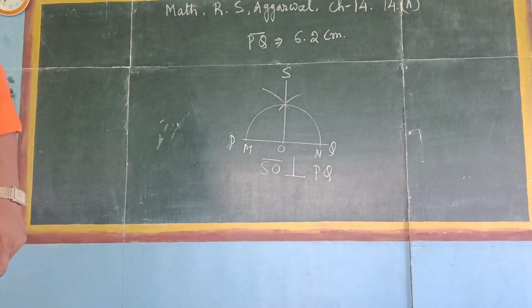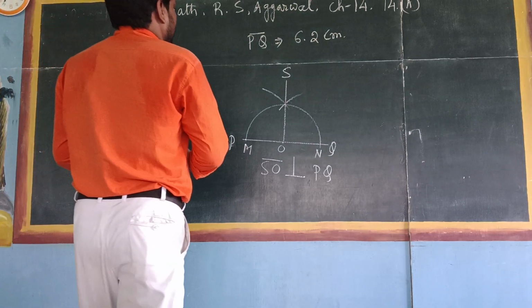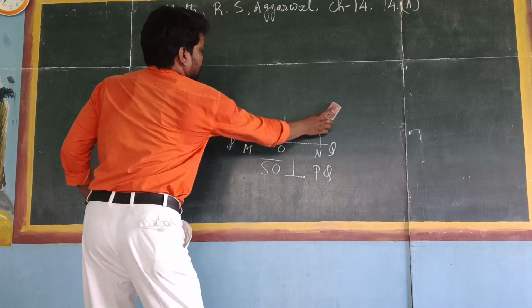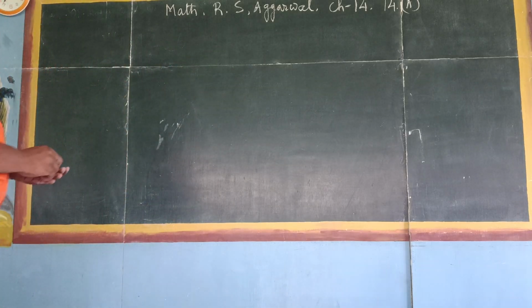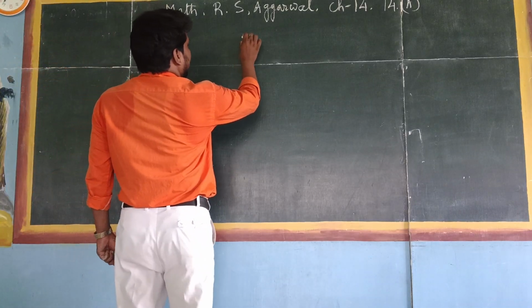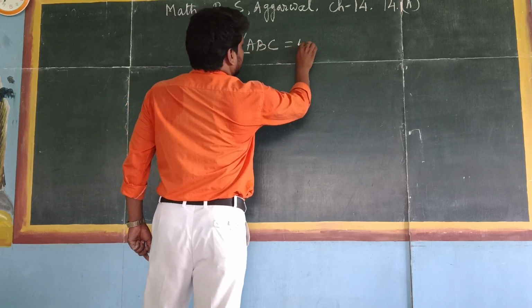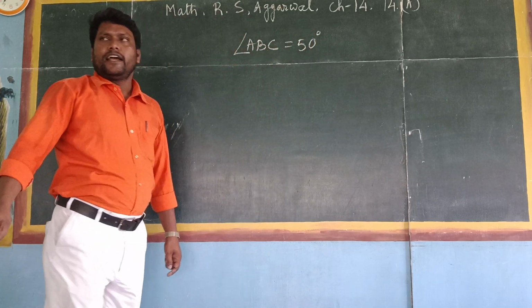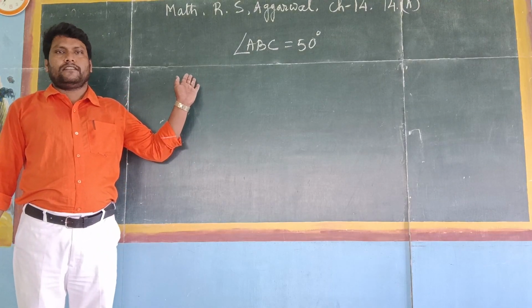Okay. Now I am going to problem number 4. An angle, suppose ABC, suppose 50 degree. At first construct the angle with the help of the protractor.